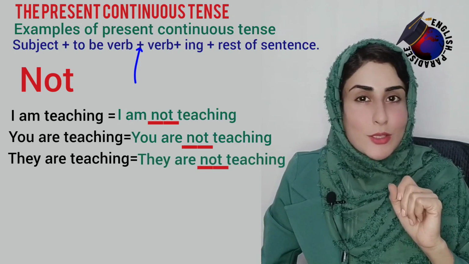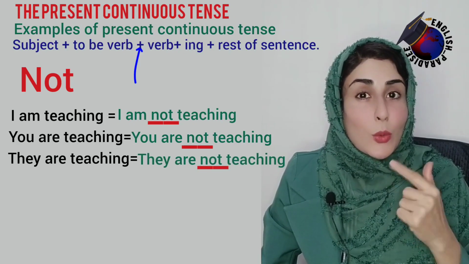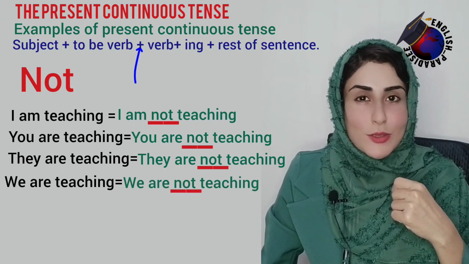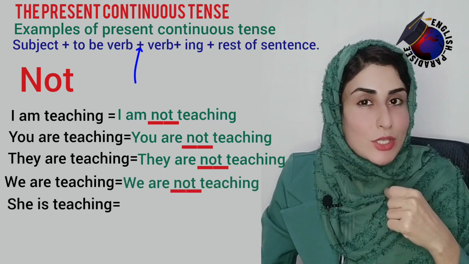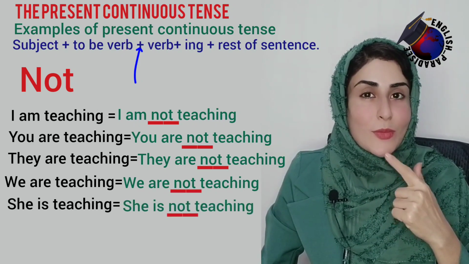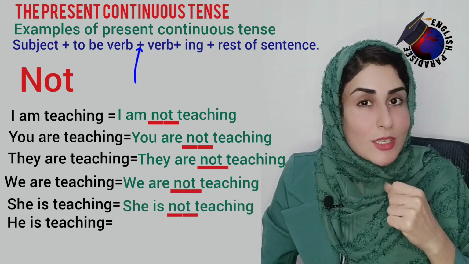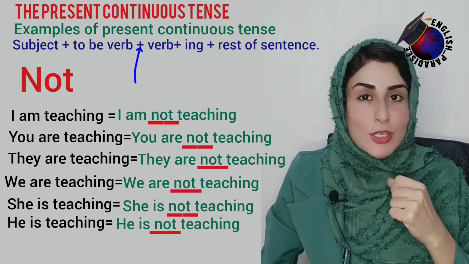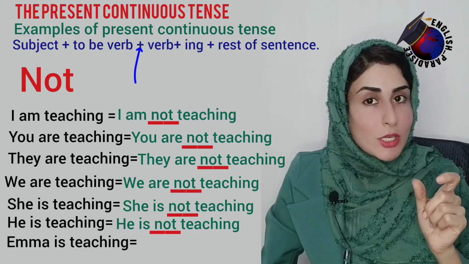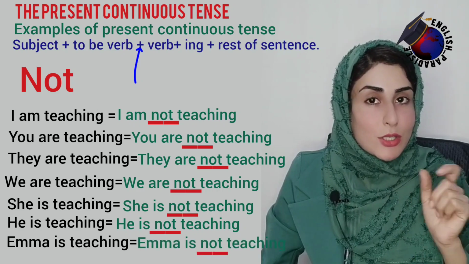They are not teaching. We are teaching. We are not teaching. She is teaching. She is not teaching. He is teaching. He is not teaching. Okay? Emma is teaching. Emma is not teaching.